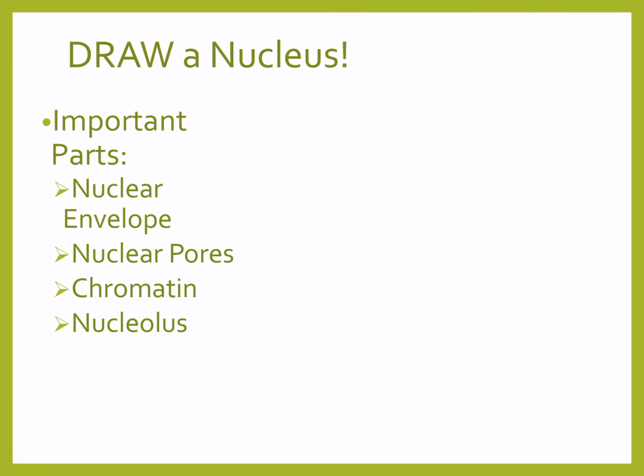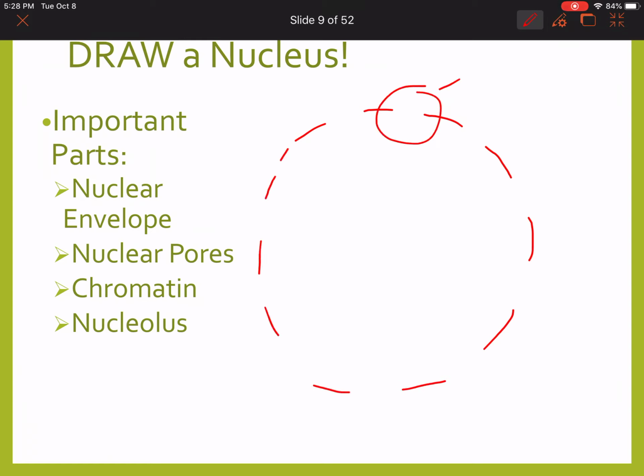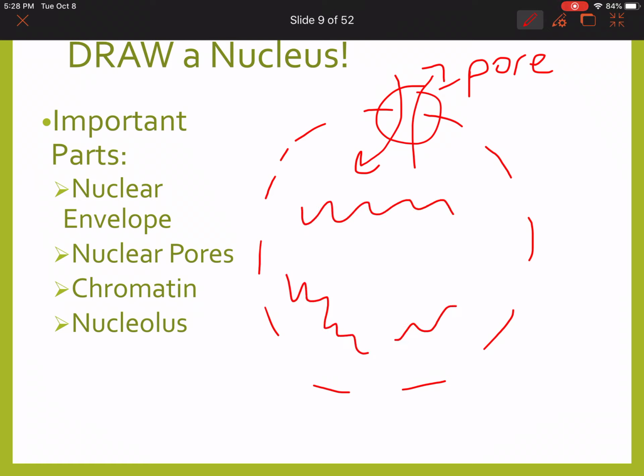All right, so in your cell book, I'm going to ask you to draw all these different organelles. Can't ask you to do something I wouldn't do. So if I want to draw a nucleus, then I'd have a nuclear envelope. Okay, nice, round. Now it has all these openings because that's the nuclear pore. That's going to allow things to come in and out. Now most important in the nuclear envelope is all this stringy stuff.